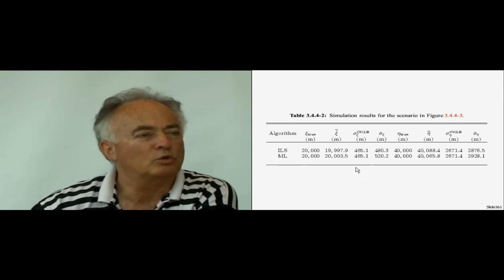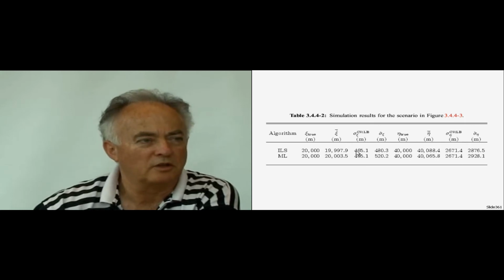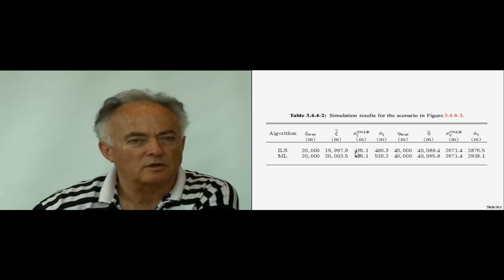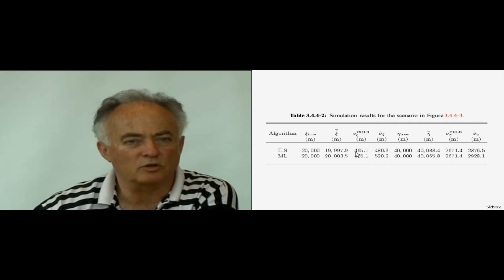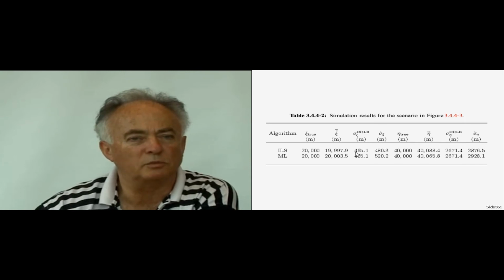And now we go to the poor geometry. It's exactly the same accuracy of the measurements, but the three sensors or the three locations from which the angles were measured are closer to each other.